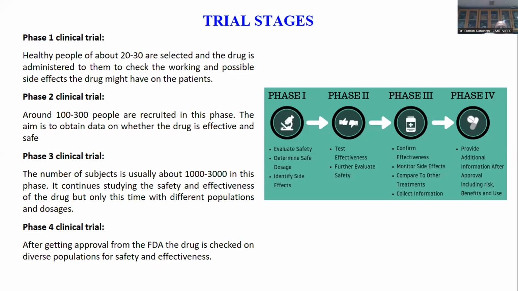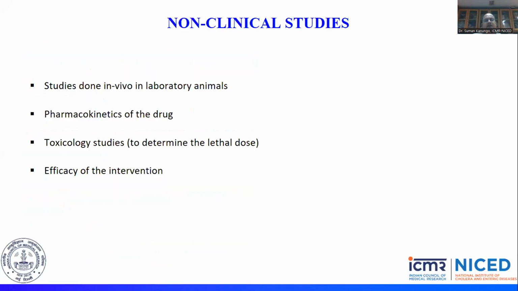So these are basically the four trial stages. Sample size is also an issue, but the value assumptions are basically similar.